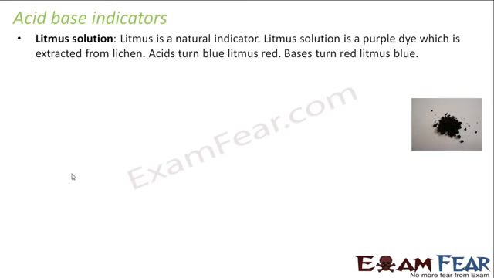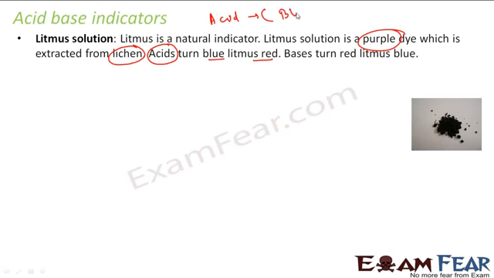Litmus solution is one indicator, a natural indicator. We have learned about litmus. Litmus is a natural indicator. It's a purple dye which is extracted from the lichen plant. With acid, the litmus turns from blue to red, and base turns red litmus blue.